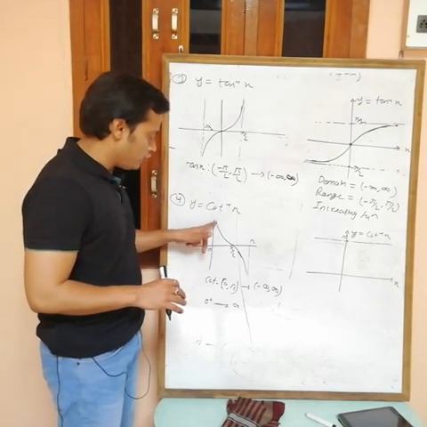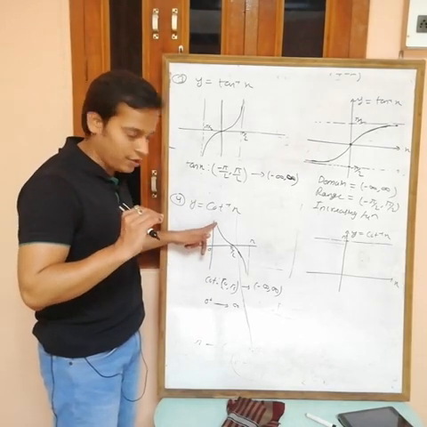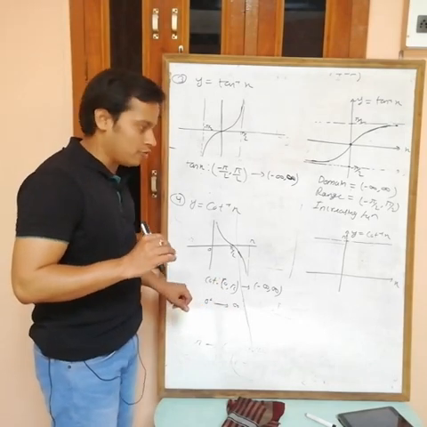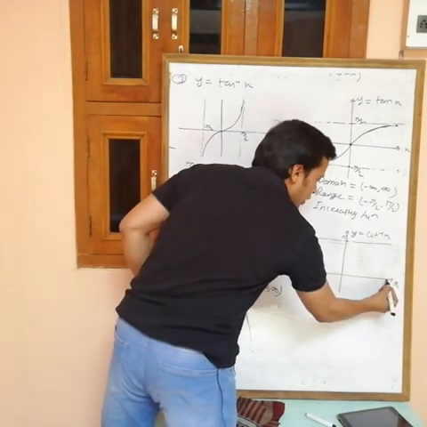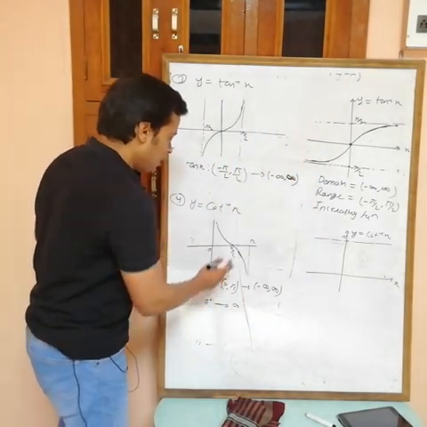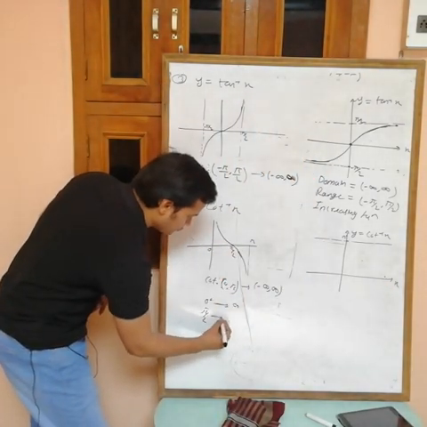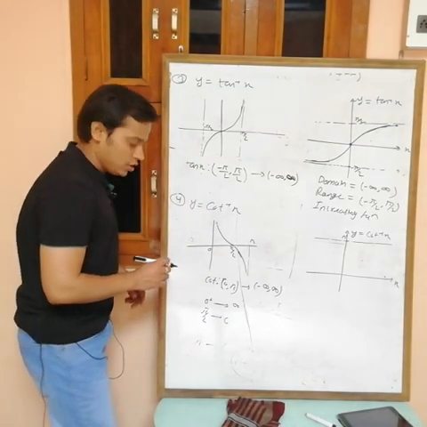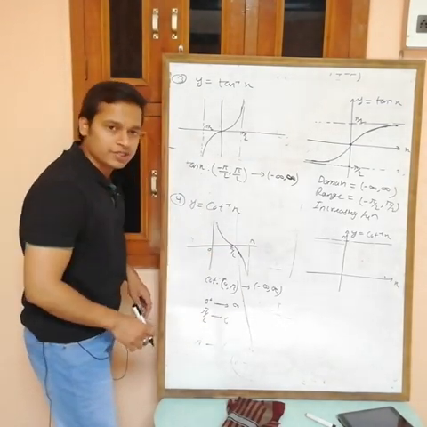At 0 plus we have this value, suppose infinity, then at infinity the value is 0 plus. Like this. At pi by 2 the value of cot is 0, so at 0 the value of cot inverse is pi by 2.